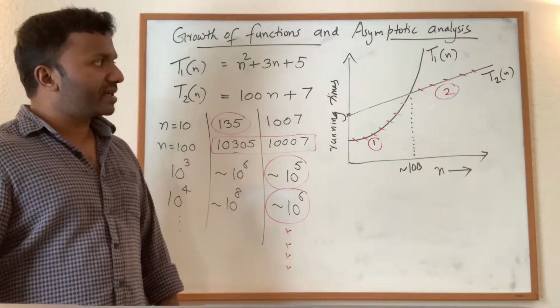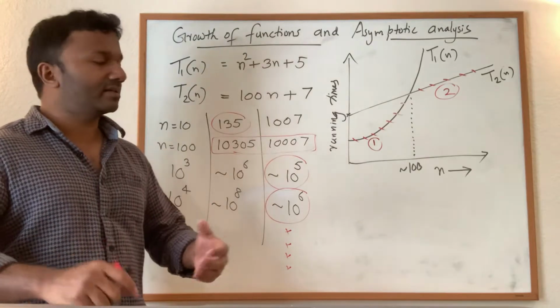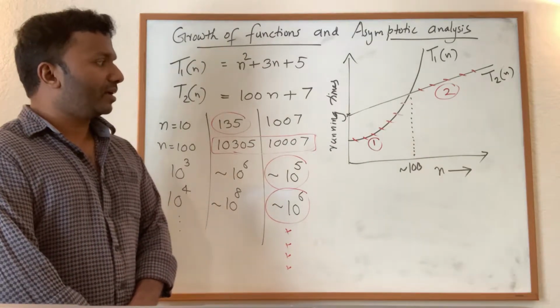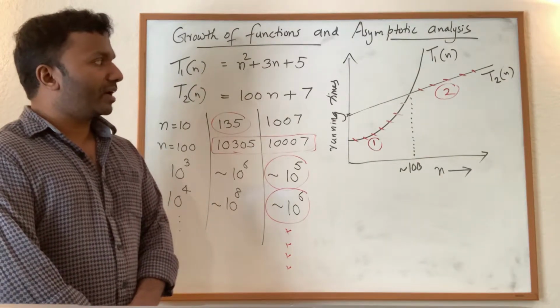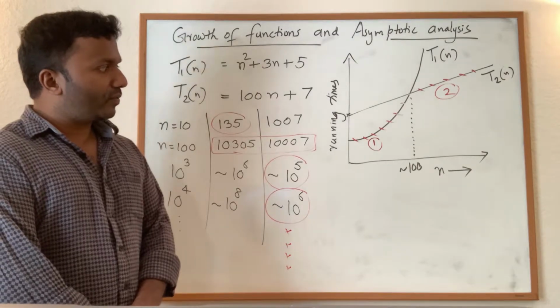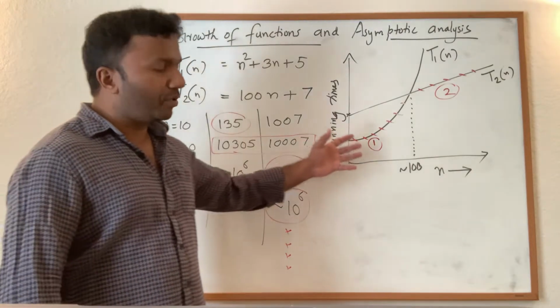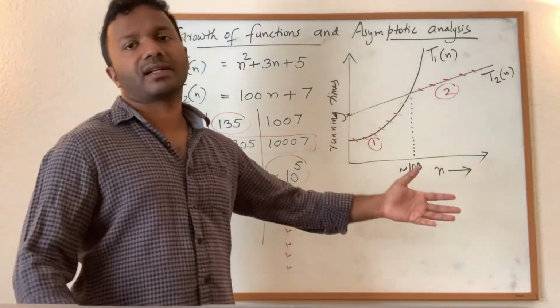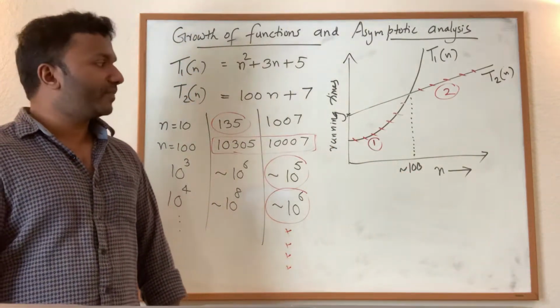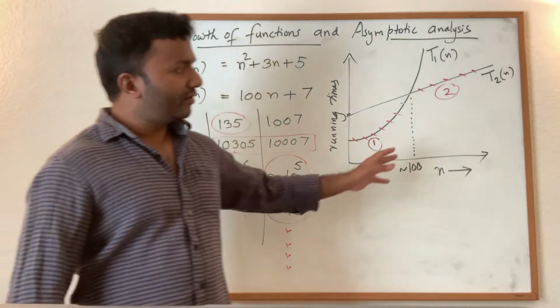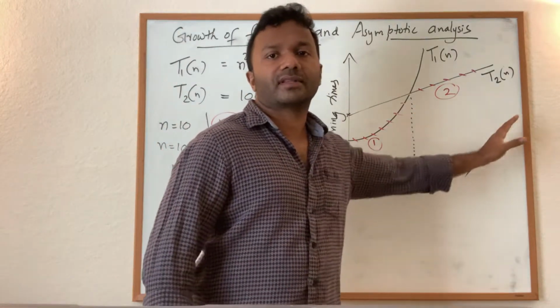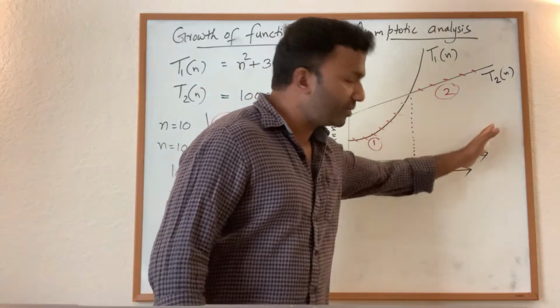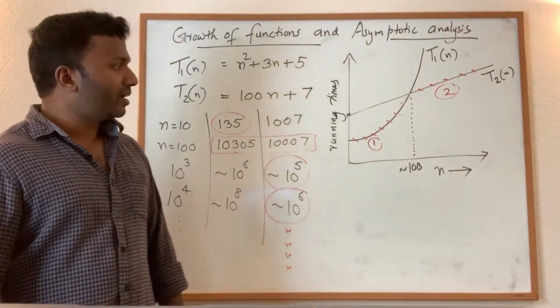So how should we decide which one is the best? Or in other words, the speed of the algorithm in which region is more critical? My claim is that we should focus more on this region, or give more importance to this region.